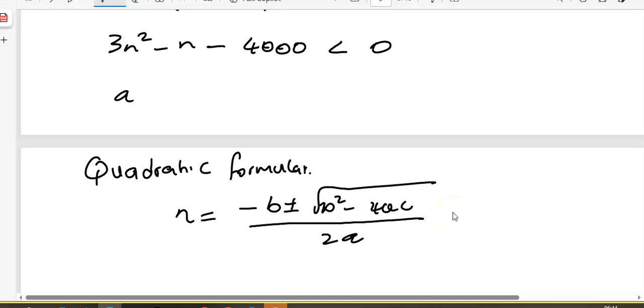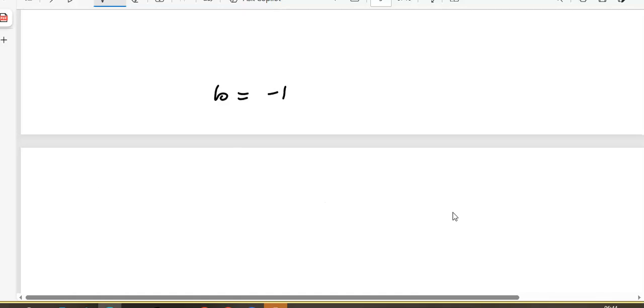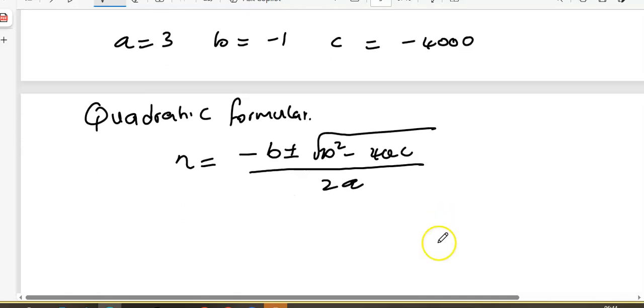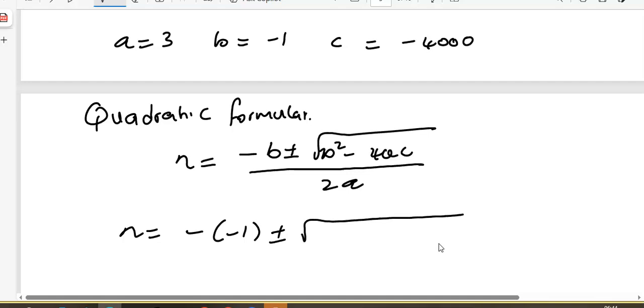So from there you just have to substitute. You know what is the value of a? It's 3. From the equation, the value of b will be minus 1. The value of c will be what? Negative 4000. You just have to put these on the equation and say n is equal to minus into minus 1 plus or minus the square root of b, which is minus 1, squared, minus 4 into a and into c.